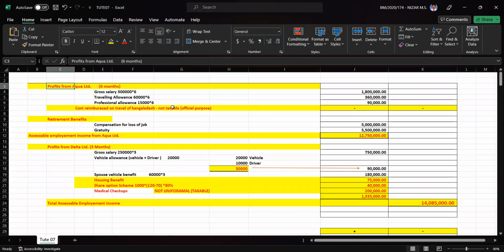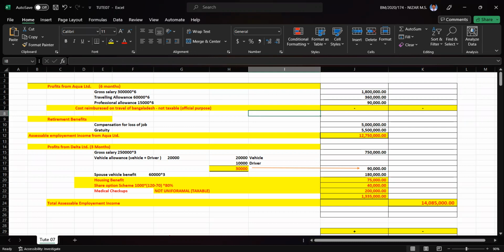Firstly, there is the employment income. We want to compute the profits for Aqua Limited for the 6 months, because we know the year of assessment is from 2022 April 1st to 2023 March 31st.